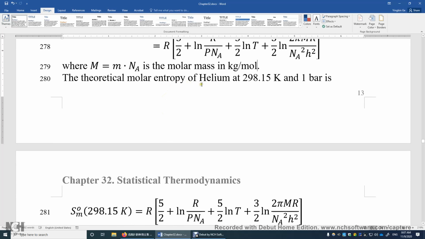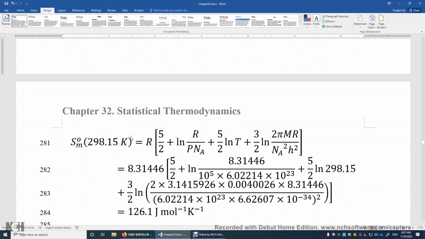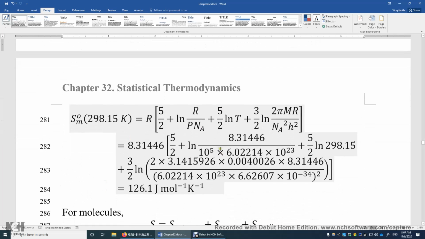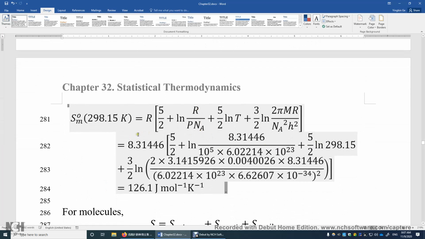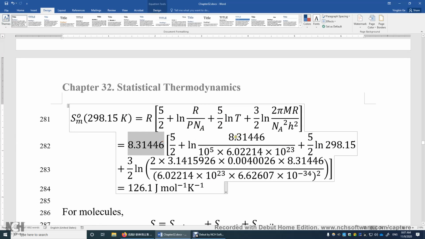The theoretical molar entropy of helium is calculated here. I just plugged in all those numbers. This is R, this is R, this is 1 bar, this is Avogadro constant. Over here, this is the temperature, and over here, this is pi. This is the molar mass of the helium atom in kilogram per mole. This is R, this is Avogadro constant squared.